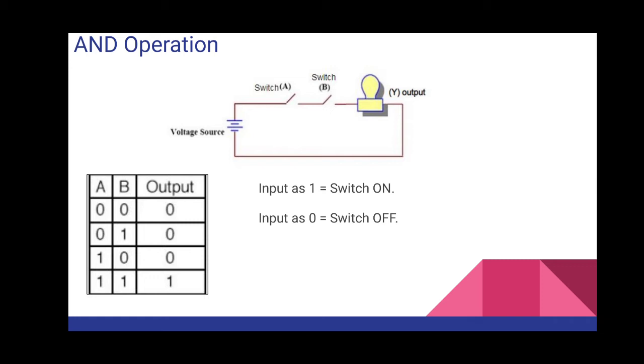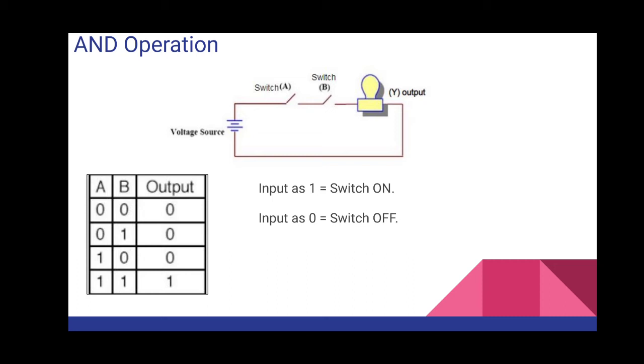So obviously the current will start flowing through A. Yes, it is on, that is why it will flow through A. It will go to switch B, again it is on, that is why it will go through B also, and it will reach the bulb. That is why the bulb will glow now. So this is how an AND circuit or AND operator works.